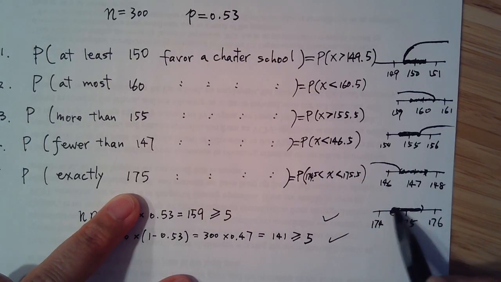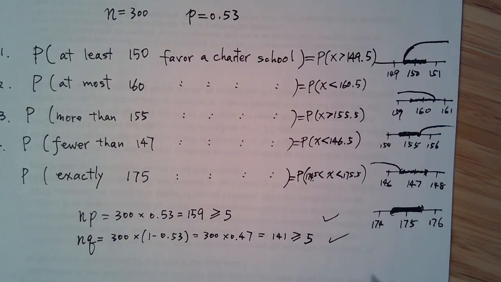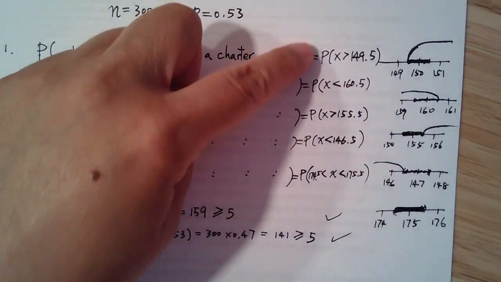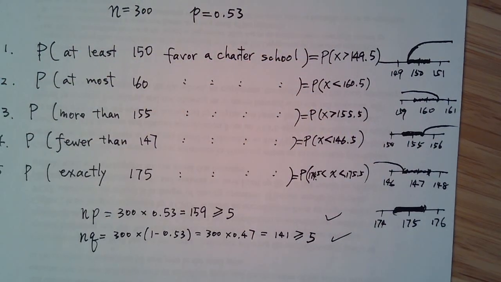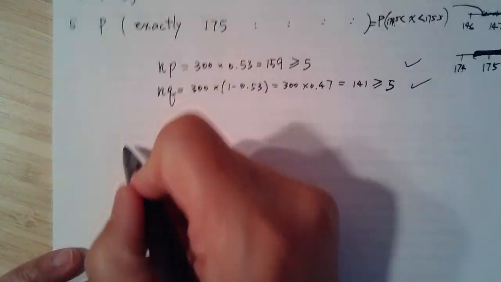So we're looking for this area on top of these two values. All right, so first of all, I think we did check this, and the second one we figured out the continuity correction, so we know exactly.